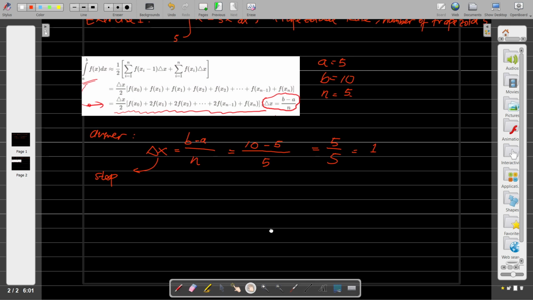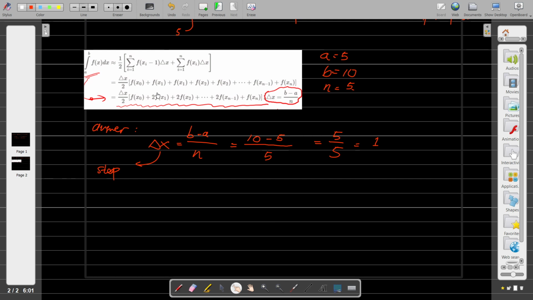Now we are going to make the overall formula. I will write down again the integral from a to b of f(x) dx equals delta x over 2, bracket.